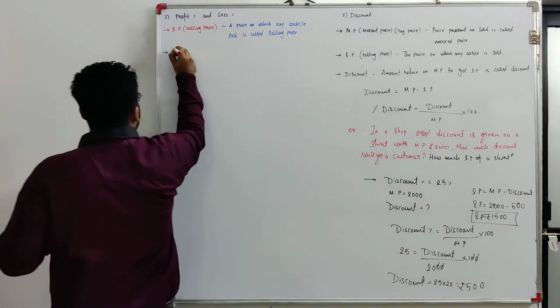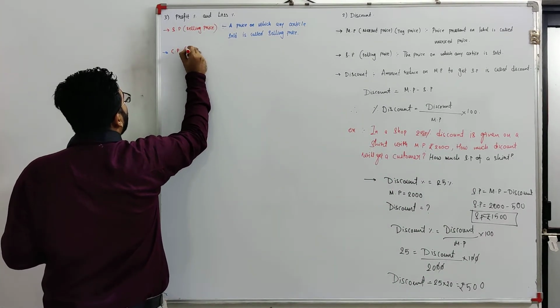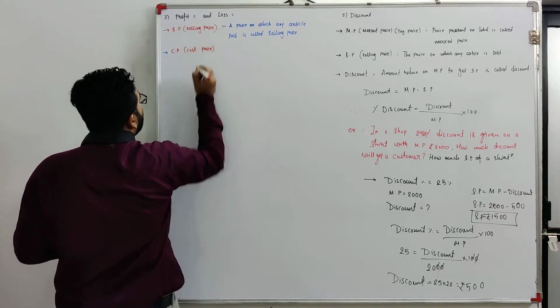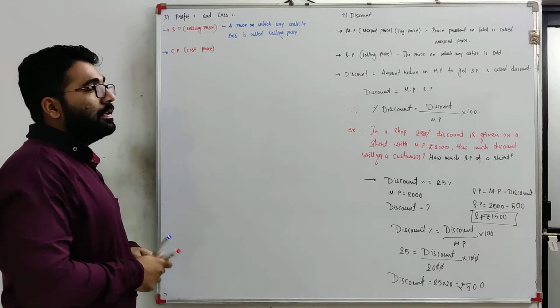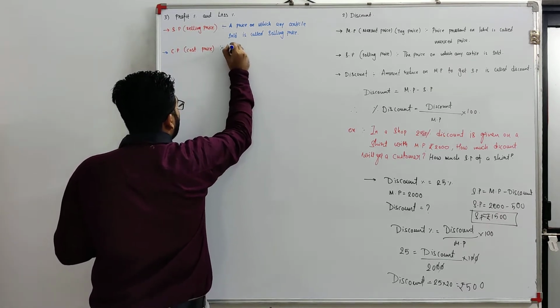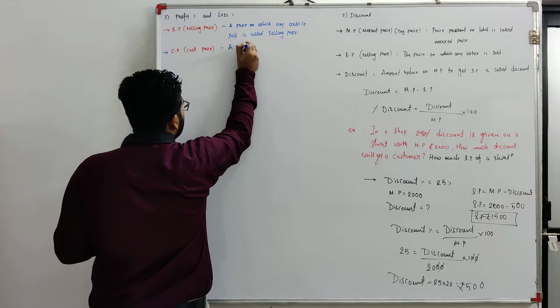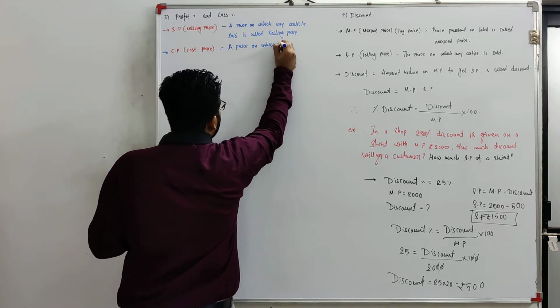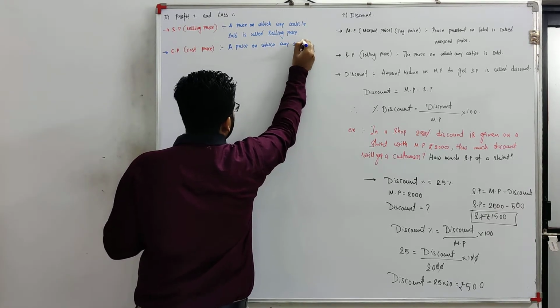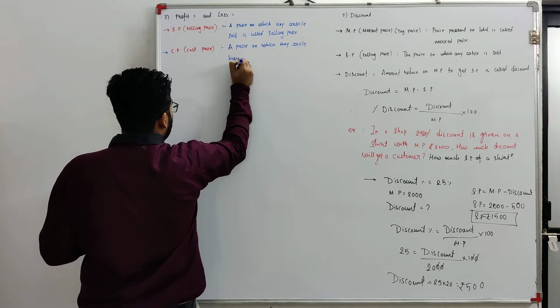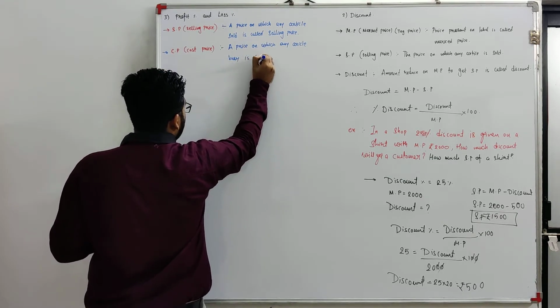What is the cost price? The cost price is the price on which any article is bought, which is called the cost price.